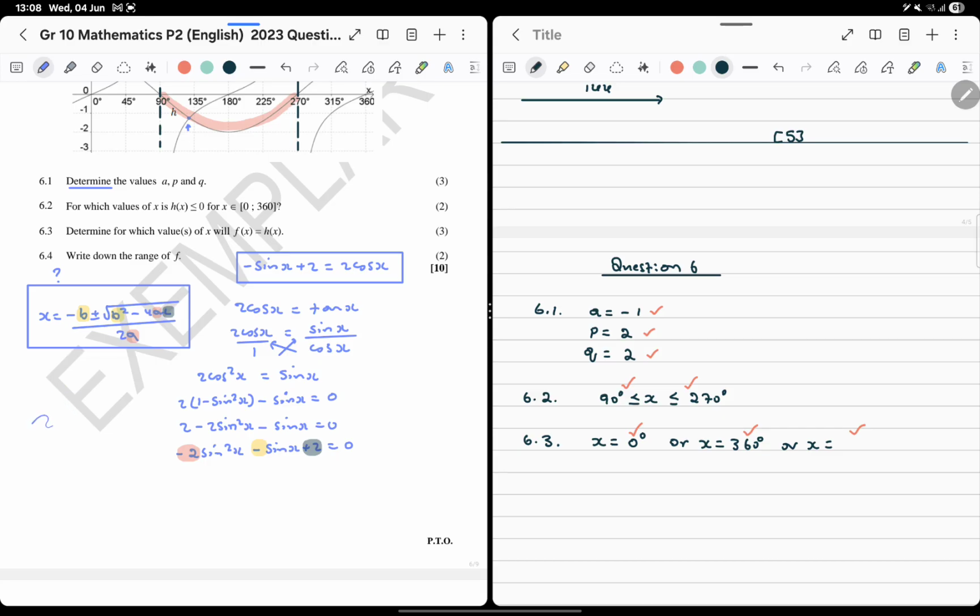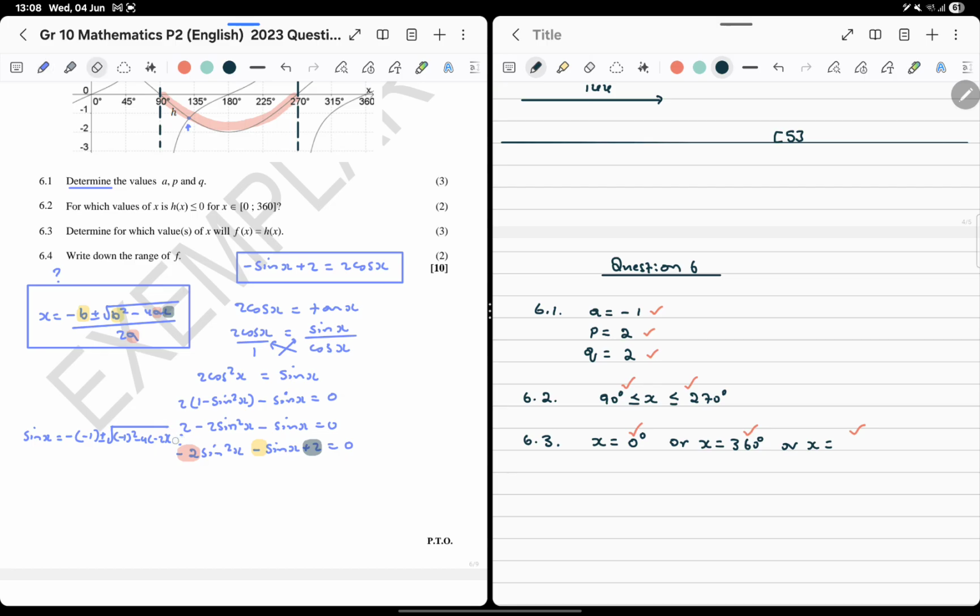So we know that x here, in fact, it's not the angle here. We're solving for sine of the angle. So we know that sine x is going to be minus into minus 1 plus or minus 1 squared minus 4 into minus 2 into 2.